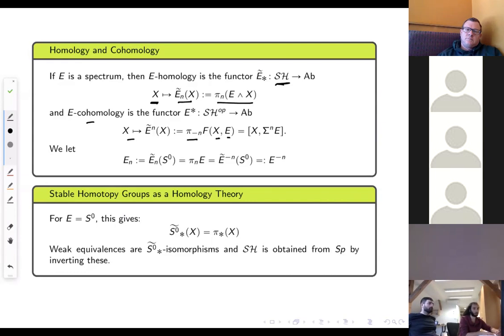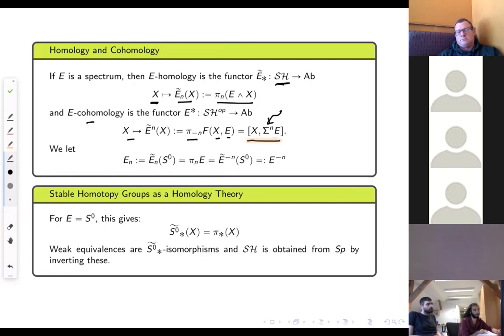If E is a spectrum, this is the maps in the stable homotopy category from X to the nth suspension of E. When I say that, I mean you use the shift functor from the triangulation.